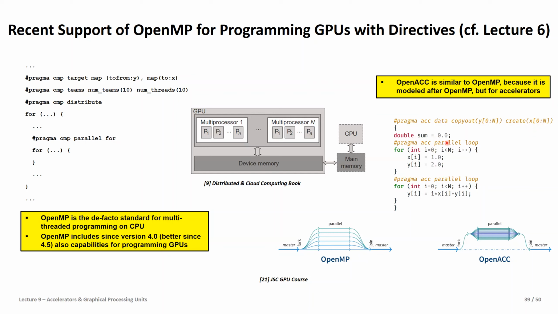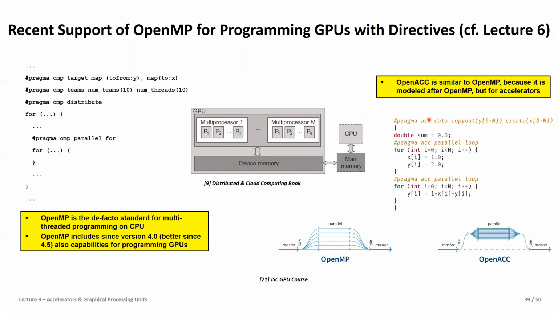We computed them in parallel in this loop, as we know already, and then have this SAXPY operation with a scalar a times x plus y, computing this heavily in parallel by using OpenMP constructs more or less, complemented with the ACC.